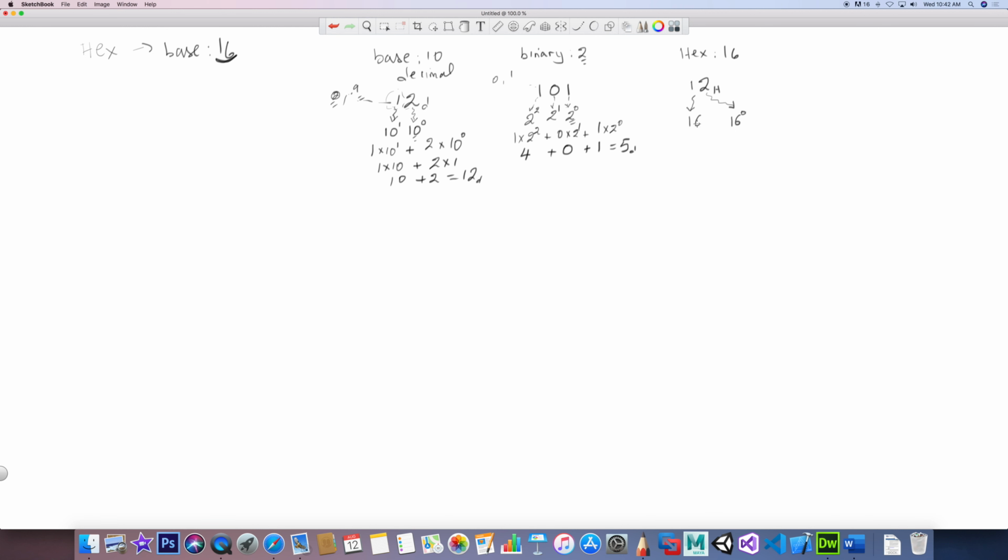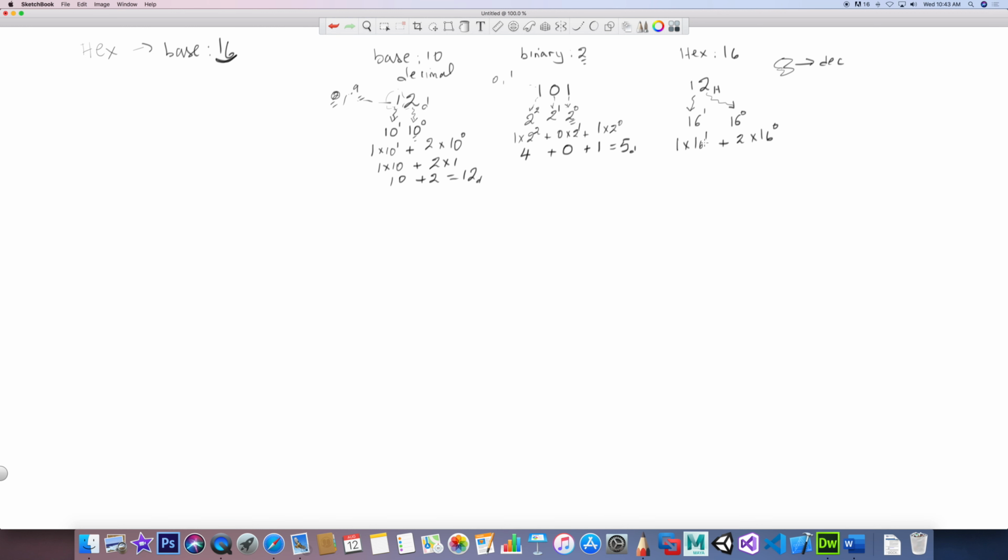And this would be 16 to the 1. Aha! So we're going to multiply the content of the digit by its weight. And remember, whatever the number format you have, we are converting to decimal. So in the end, we're going to find a decimal value equivalent to that 12. Well, let's do that. So now I have 1 times 16 to the 1 plus 2 times 16 to the 0.